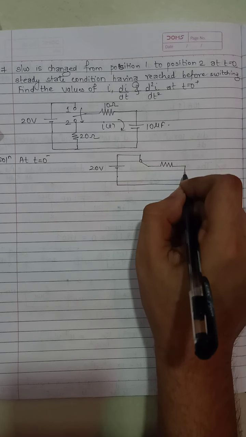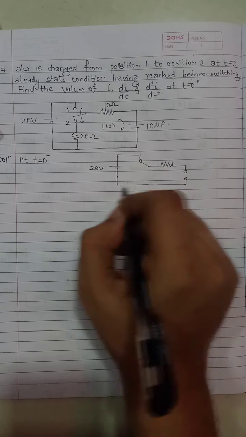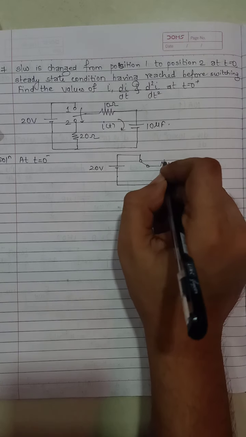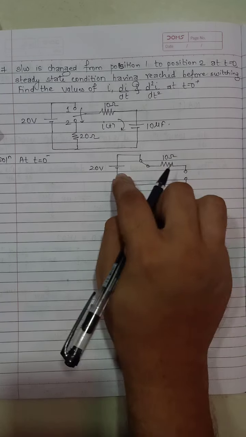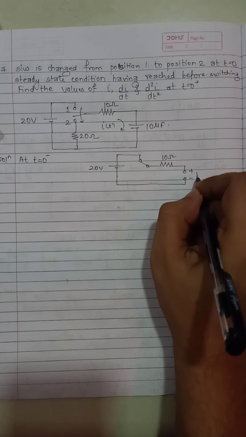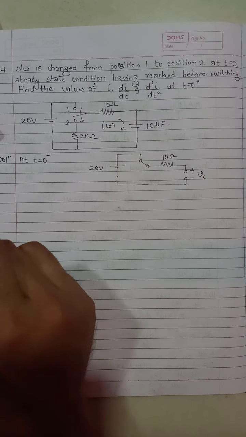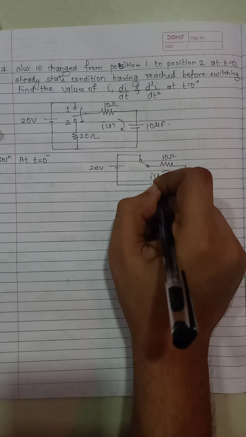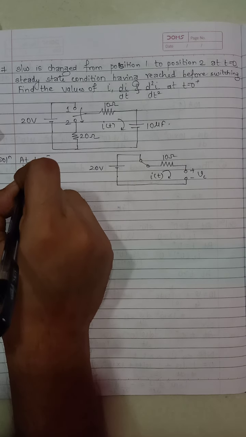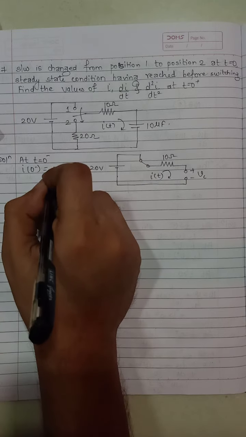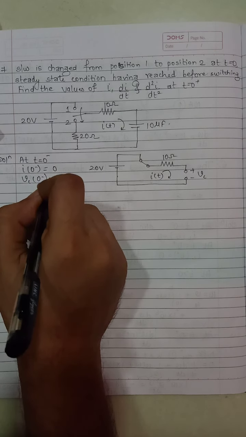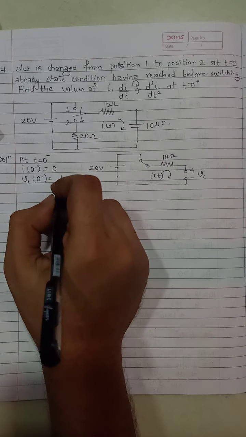Since the circuit is getting completed, we will find the open circuit voltage across the capacitor. In this case the switch is closed, current is not flowing, but we can find voltage across the capacitor. So suppose this is i of t flowing, so i at 0 minus will be 0, but voltage across capacitor at 0 minus will be 20 volts.